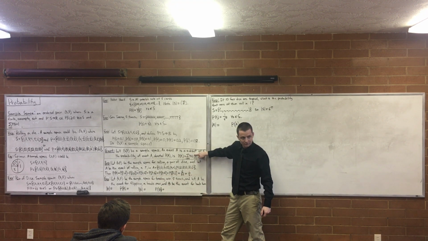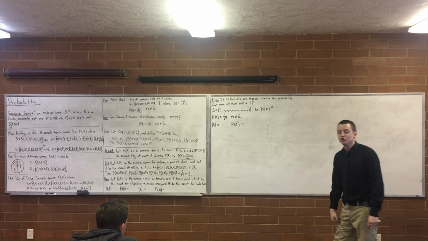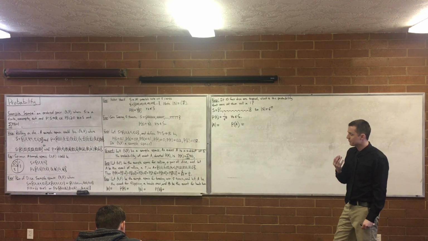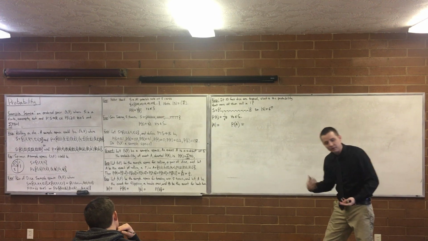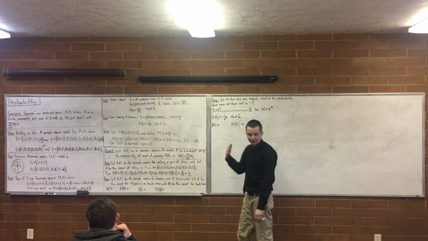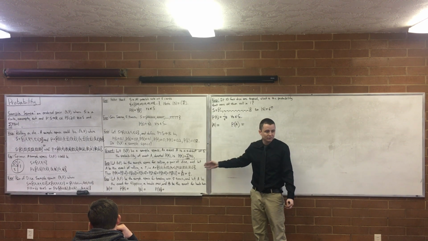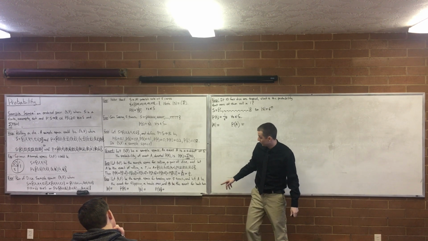Is there a faster way to find A, or do you just have to go through and find out the possibilities? For particular events, you'll come up with tips, ways of thinking about it that make it quicker. Really, we're going to get back into counting. Counting and probabilities are very related. What did we do?